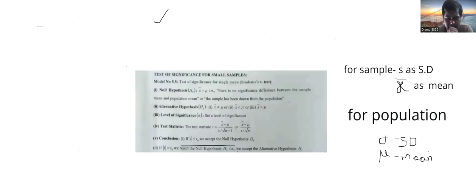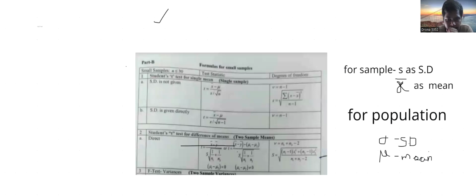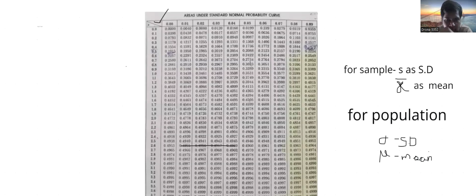Let's go through the table. Since it is a two-tailed test, I am going with the 0.05 level of significance.